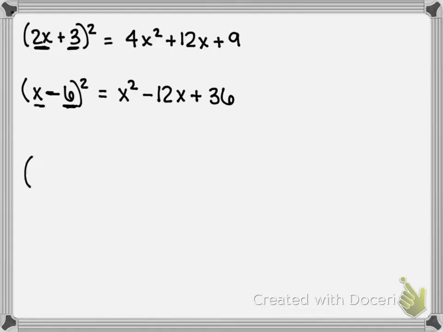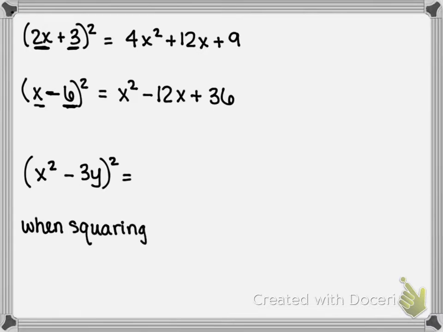Okay? And lastly, let's do one that looks like this. Let's kick it up a notch and put an x squared here minus 3y. First term squared. Well, when squaring a variable, double the exponent.